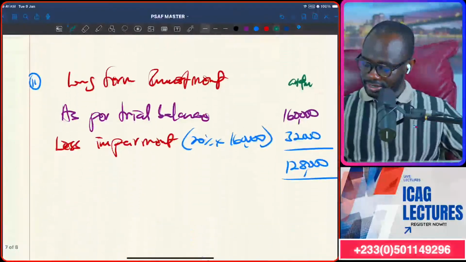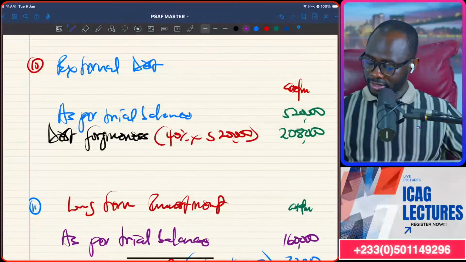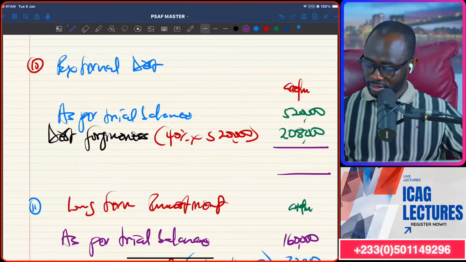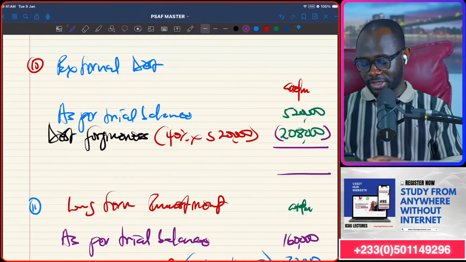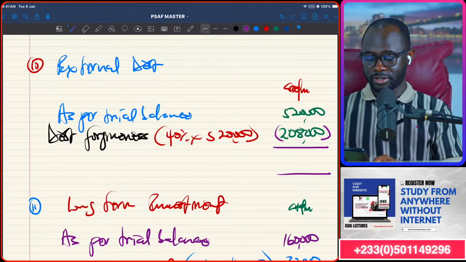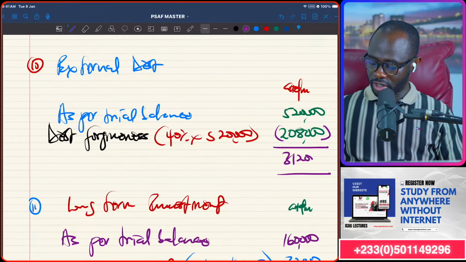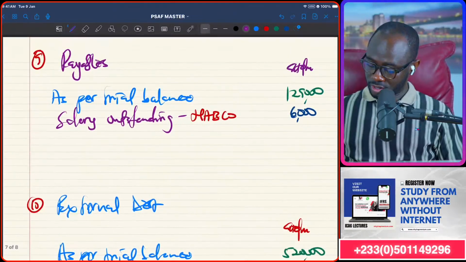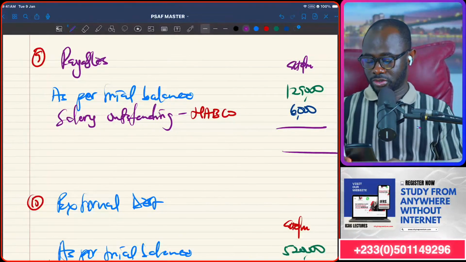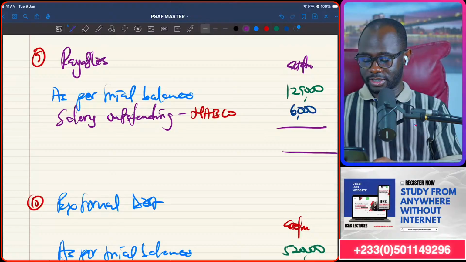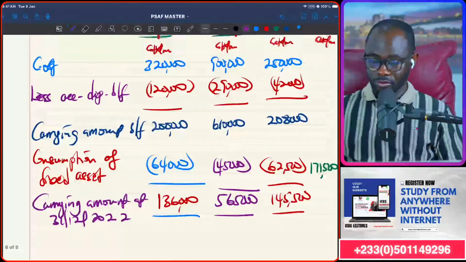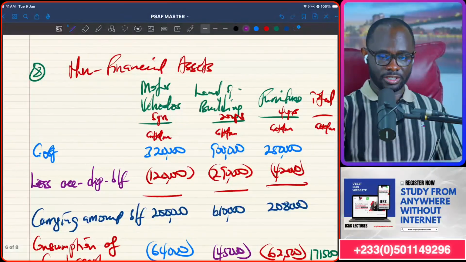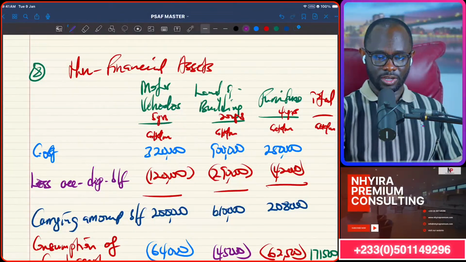Then let's clean it up. External debt: when we less the debt forgiveness, 520 minus 208, that will now be 312,000. Payables, 129 plus 6, 135,000. We finish with non-current assets or non-financial assets.